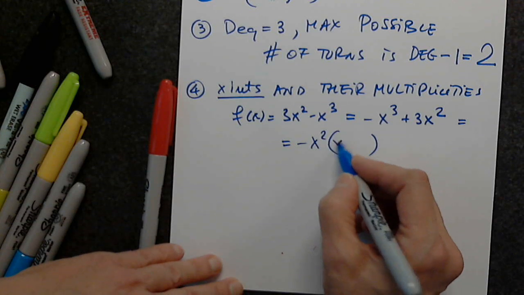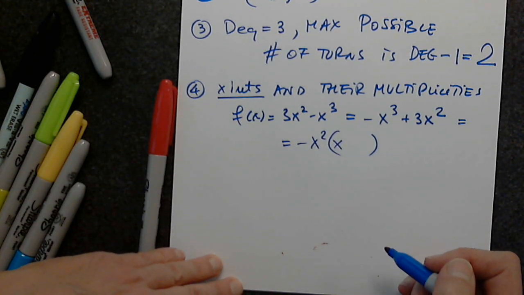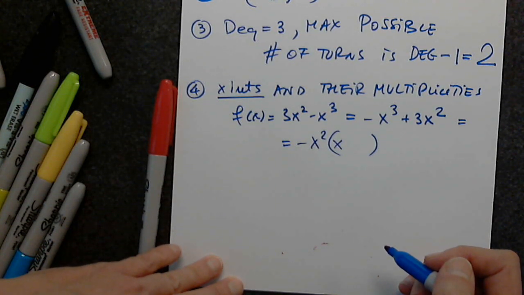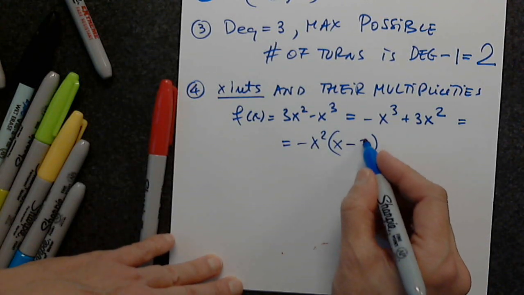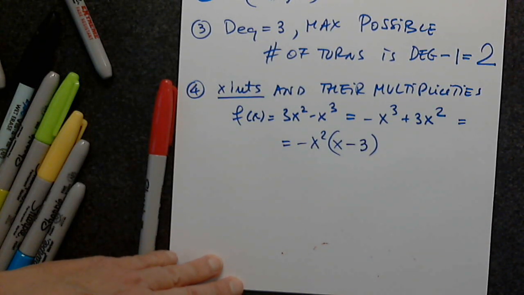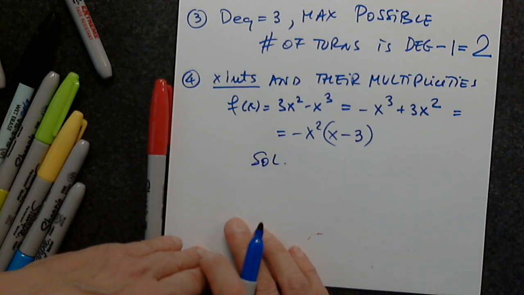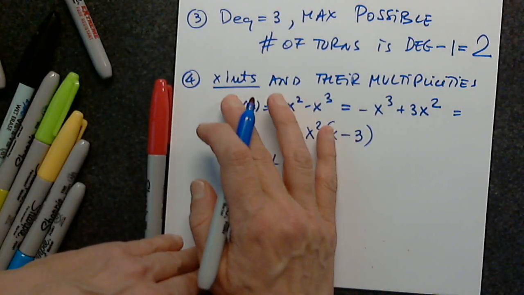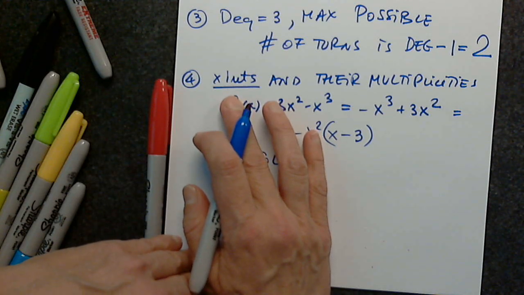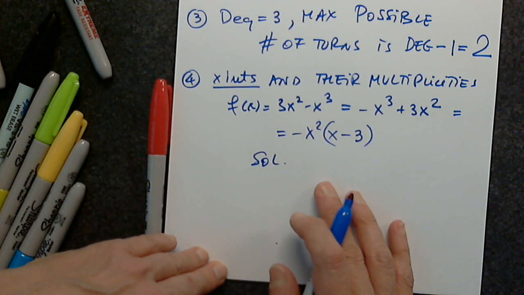X. Is that clear? Is that clear why? Perfect. Okay, how many solutions will you give to, or how many x-intercepts does this function have?